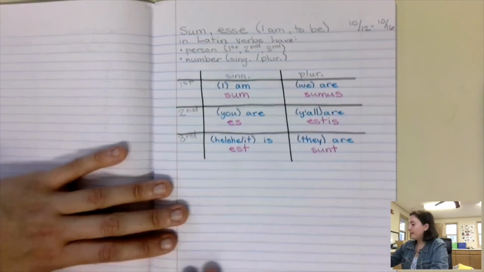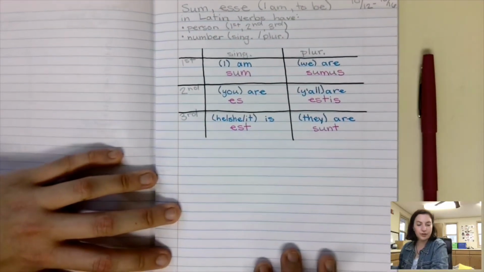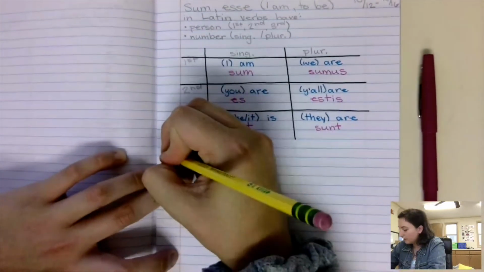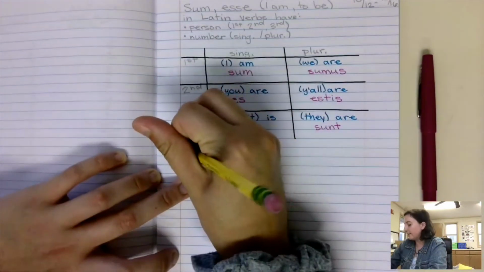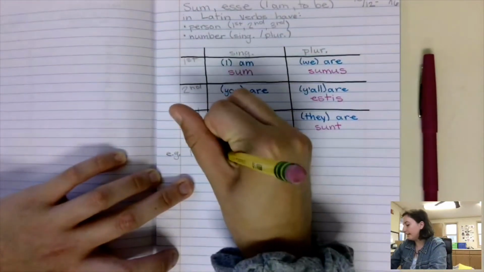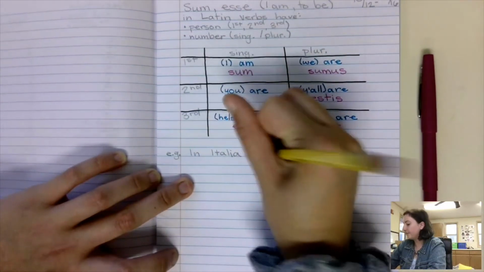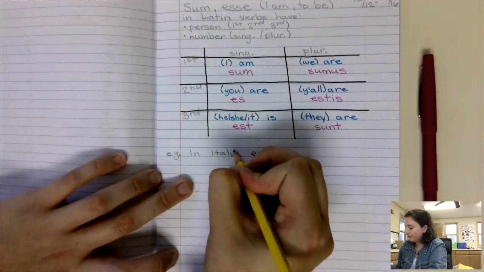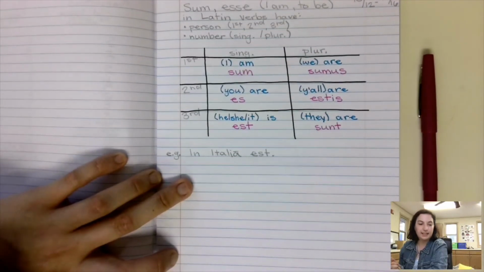Alright, now I just have a couple of examples for you to show you how these sentences are going to work. So, in this sentence, in Italia est, let's say. In Italia est, and I need a long mark over my A to make it ablative with that preposition.